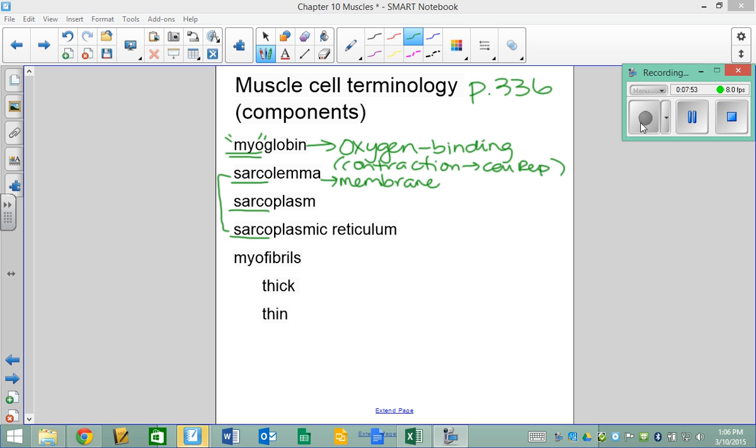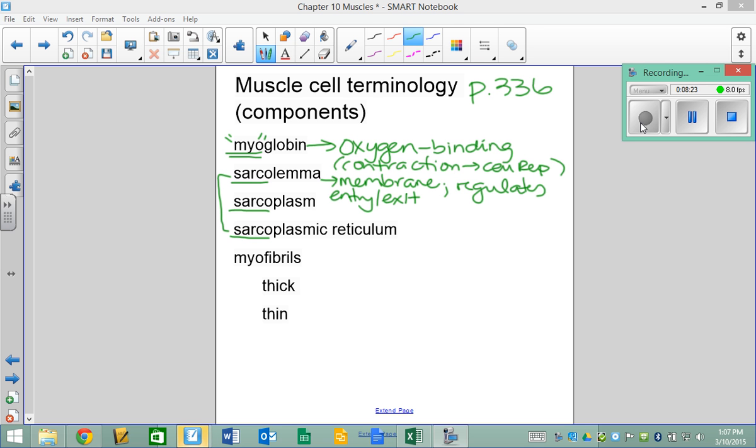And the function is that it does the same thing a cell membrane would do. Cell membranes are there to surround the cell and to allow selective entry and exit. So in your textbook it says it regulates, and I like that word. It regulates the entry and exit of molecules in and out of muscle cells.